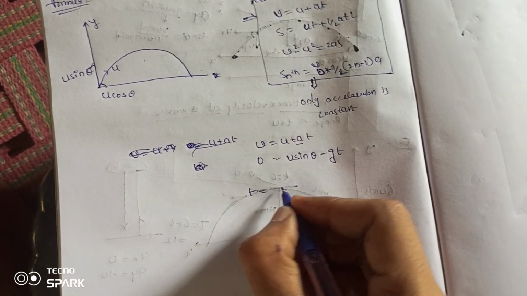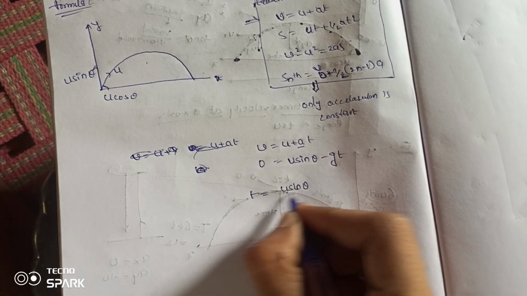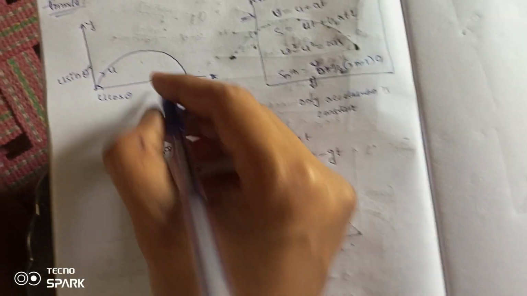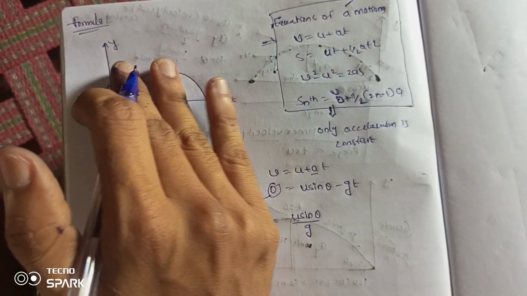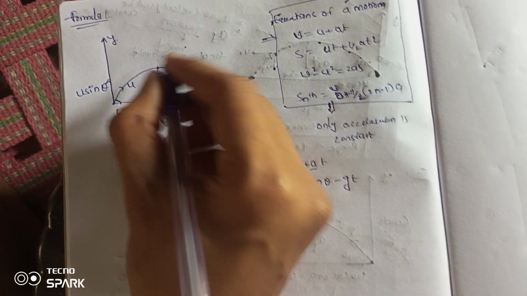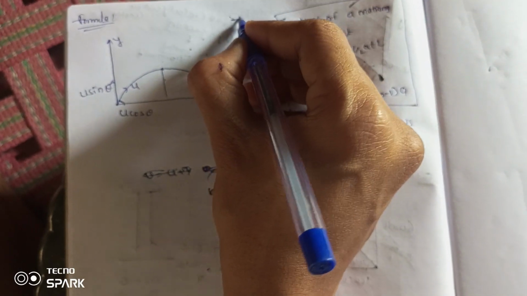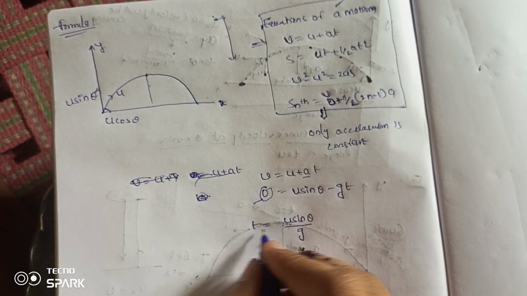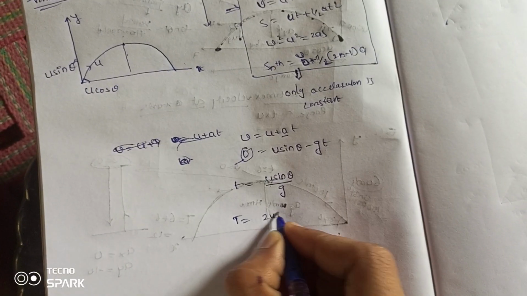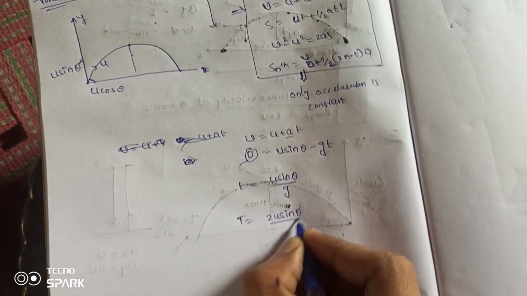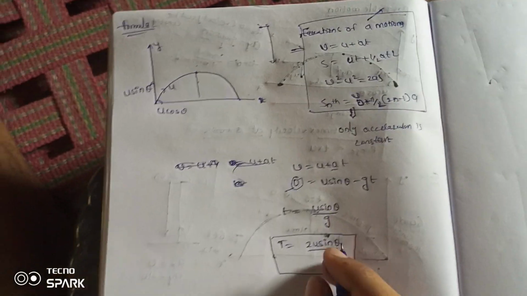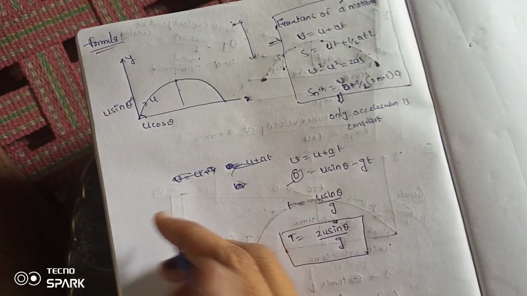Find the t value: t equals u sin theta by g. This is only the half part, up to the maximum height. Again coming down to hit the ground, the total time is t equals 2u sin theta by g. This is the time.